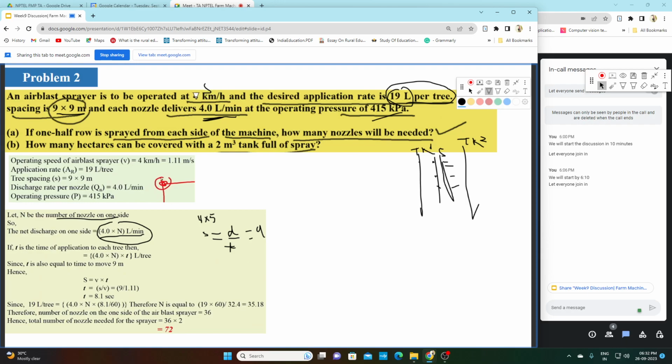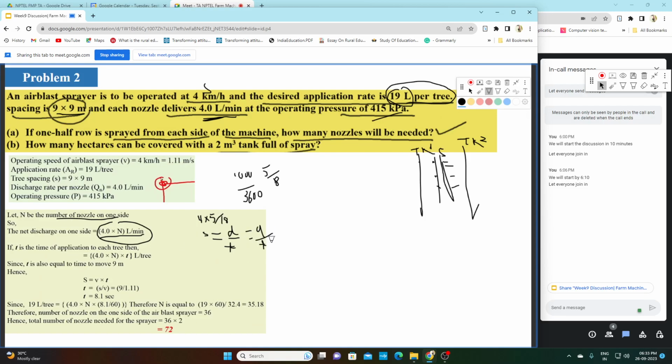Kilometer is 1000 meter and hour is 3600 second. So we write 1000 by 3600 as 5 by 18. So 4 into 5 by 18 is your speed, and the distance you know.